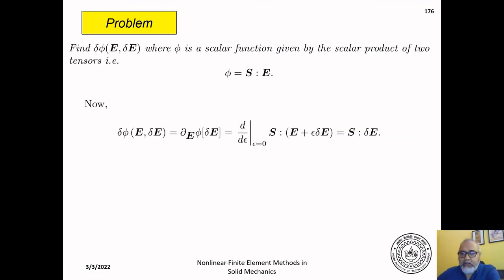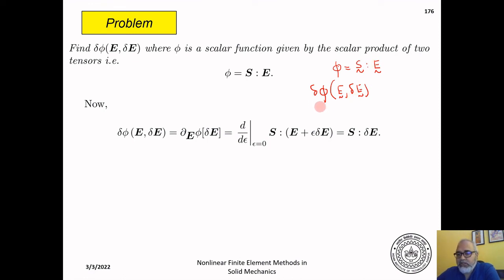Now consider the scalar product of two functions. Let's say one function is the second Piola-Kirchhoff stress S, and then you have the Green-Lagrange tensor E, and we want to find the first variation of phi, the scalar phi, due to a variation in E. So what we want to find is delta phi as a function of E, and so there's no variation in S, there's a variation in E only.